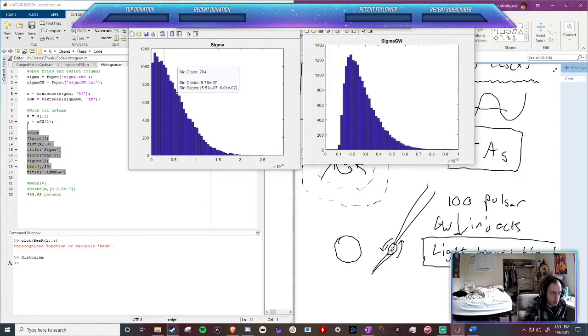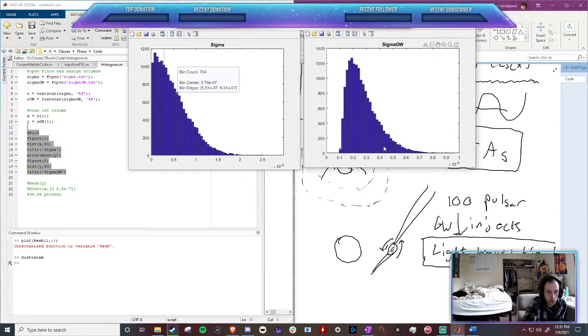Ah, yeah, so the gravitational waves, we put an upper limit on how big their distortion can be. So we put it at like here, the 0.3 mark, the mean of all of this.